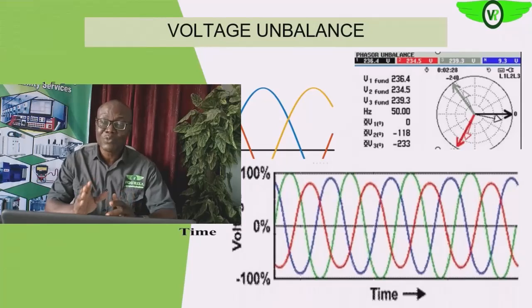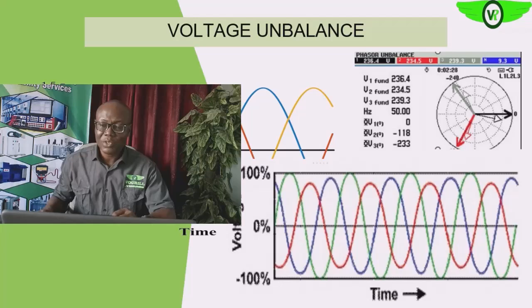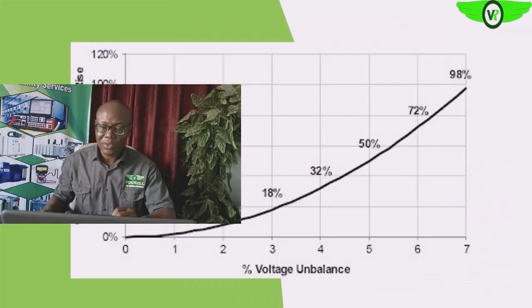Anything above 2.5% is unacceptable, because the effect on the electric motor itself will be very, very catastrophic, and it can lead to system downtime, okay, or frequent failure, so to say. We'll see how this will also affect the electric motor itself, and even the system as we go along.